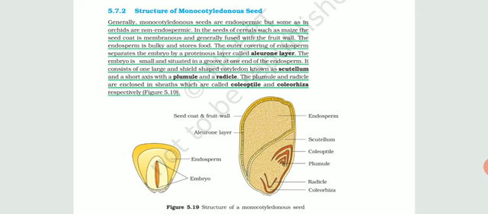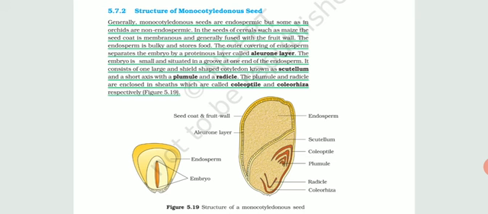Here, the TS of maize seed diagram is very important. First of all, the outer covering is the seed coat or the fruit wall. Then a special covering of the endosperm separates the embryo by a proteinaceous layer. That protein-rich layer is known as the aleurone layer. Then the embryo is small and the endosperm is big in structure. In the lower part you can see the embryo.